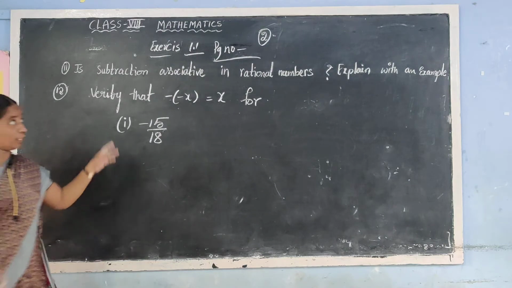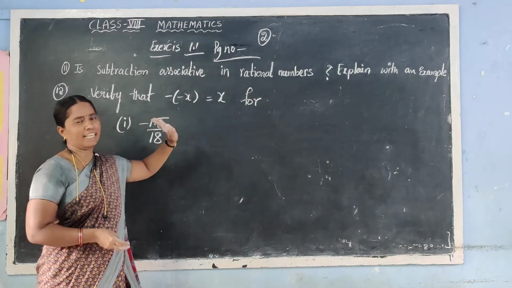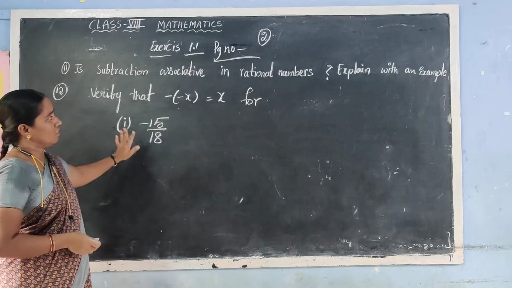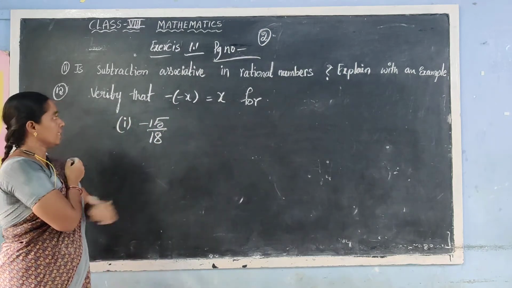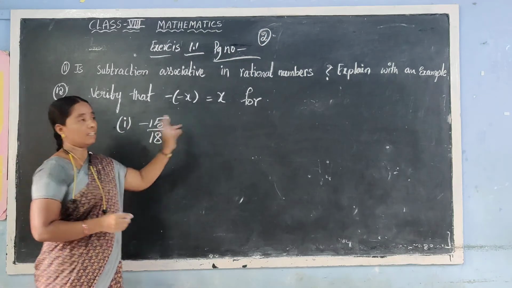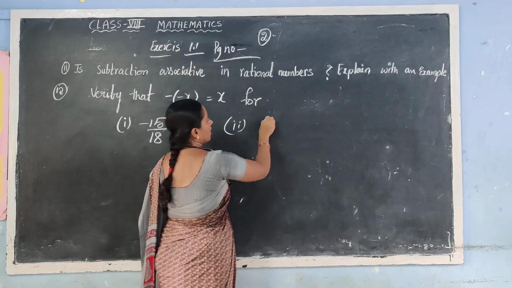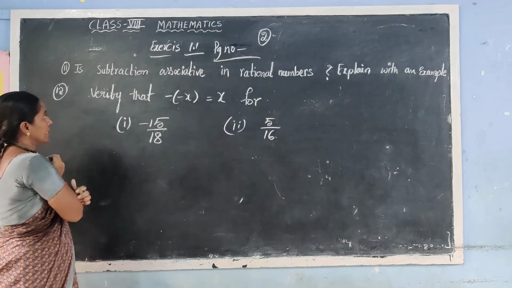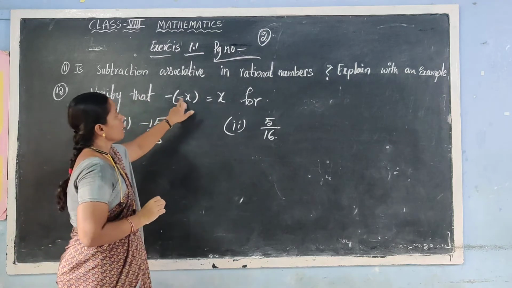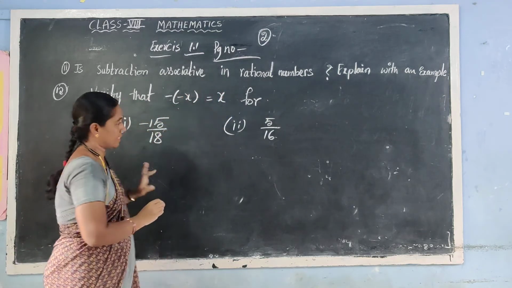Listen carefully, this is very important. This is also a 4 marks sum, but it is very easy. They will ask 2 questions for 4 marks like this only: one negative number and the second one a positive number. So I am taking 5 by 16. Now you see, we have to verify minus of minus x equals x.